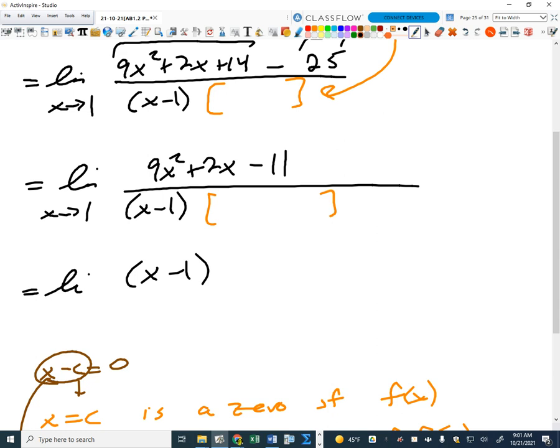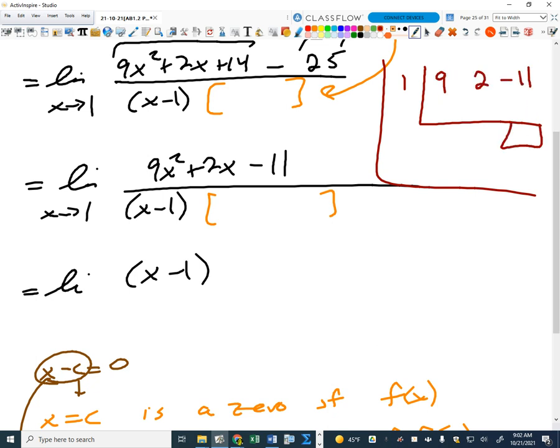So we could just do a little quick synthetic division where our 0 is 1, the coefficients are 9, 2, and negative 11, and there's our remainder box. Bring down the 9, add, I get 11, there it is, right? So what's the other factor? 9x plus 11, right?